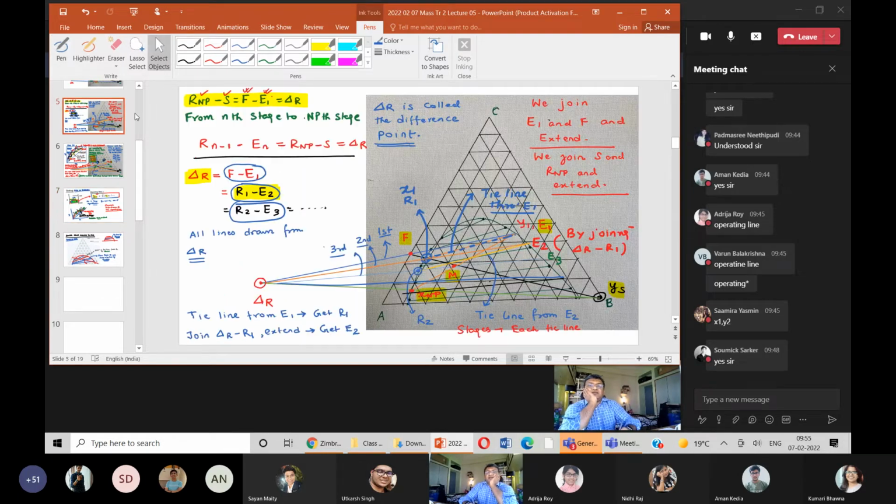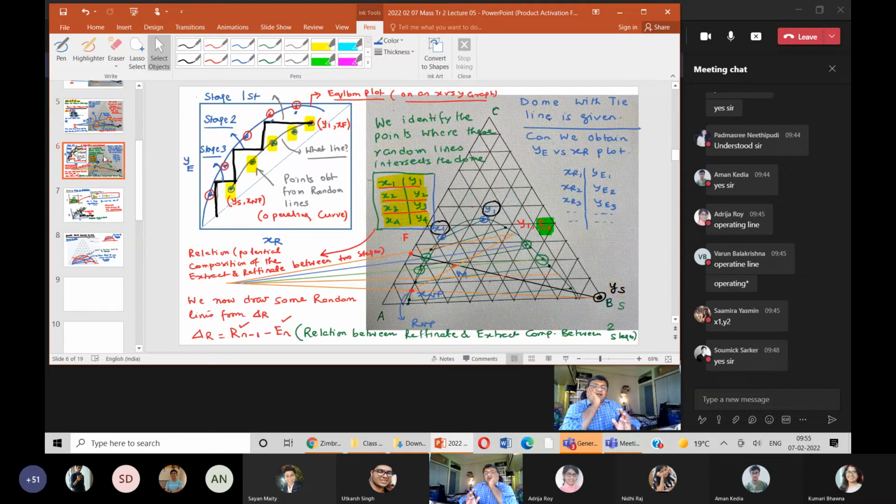So the other approach is that we locate the delta R point, then draw some random lines from delta R, okay? And simultaneously, from the dome and the tie line, we convert the triangular plot into an X versus Y or XR versus YE type equilibrium plot, where we understand that this plot looks very similar to the distillation XY diagram, but there we had a vapor and a liquid at different temperatures.